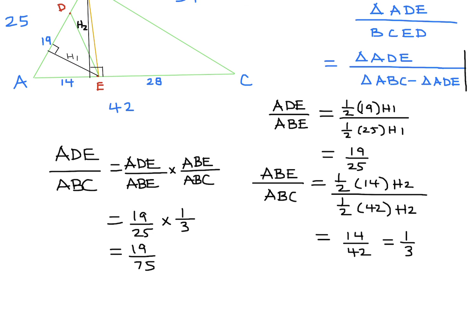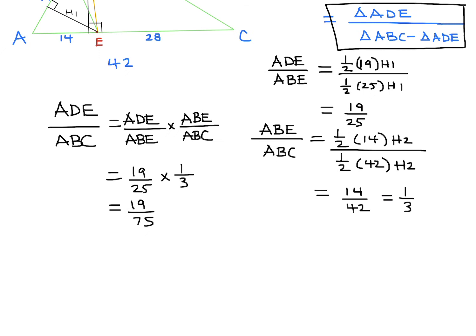And now we can solve for our ratio. So the ratio that I want is ADE over ABC minus ADE, like that. Now what I'm going to do is flip this.